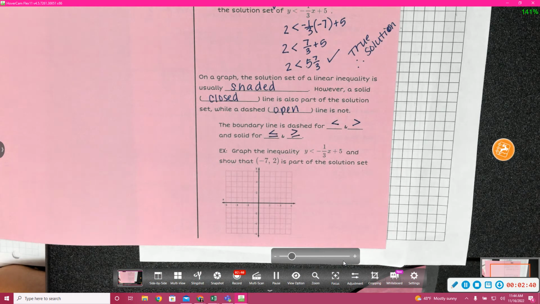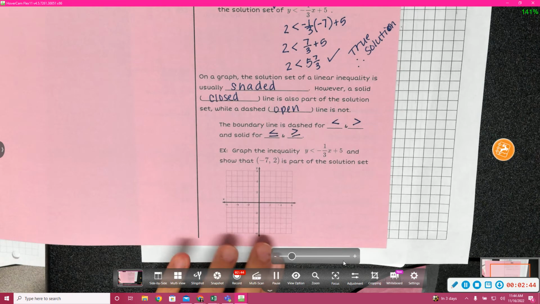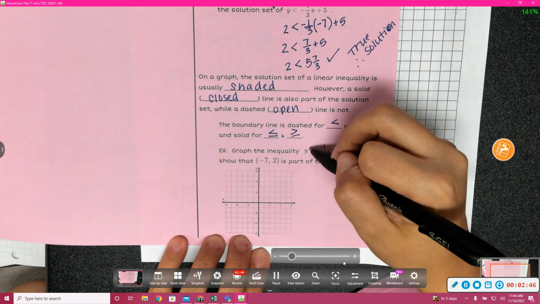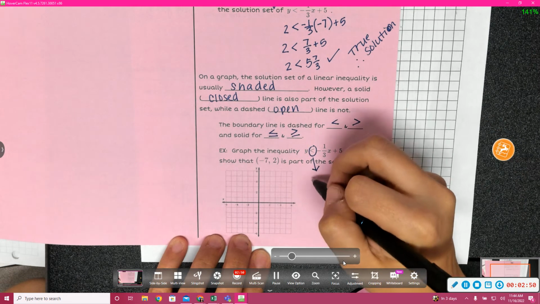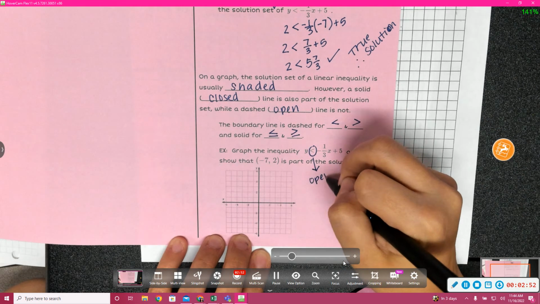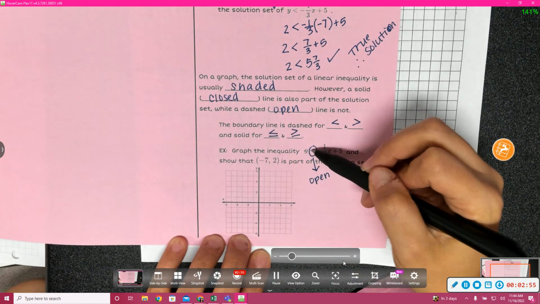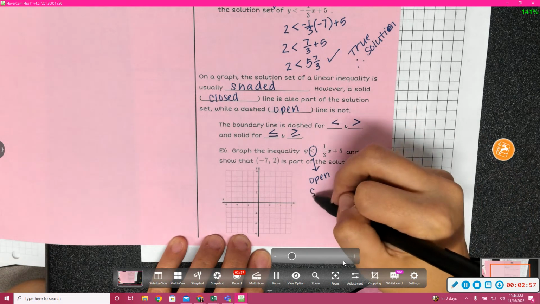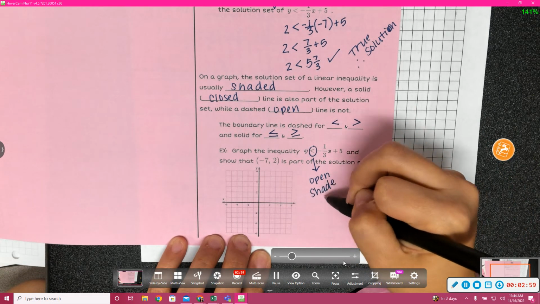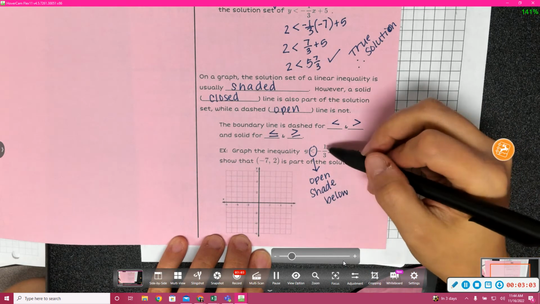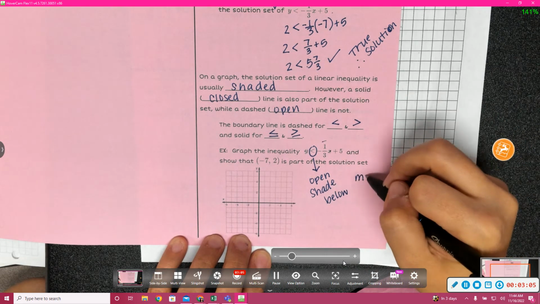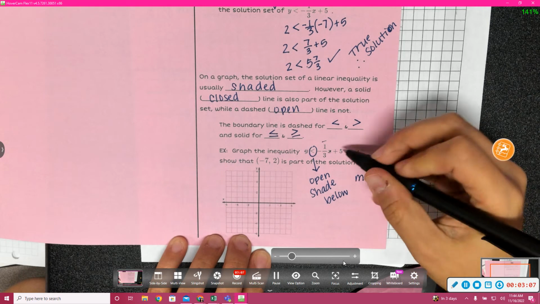So we're going to graph the inequality y is less than negative 1/3 x plus 5. This less than sign means one of two things. First, it's going to be an open line. And because y is less than x, it is going to be shaded below. From there, I know that my slope is negative 1/3, and my b is positive 5.